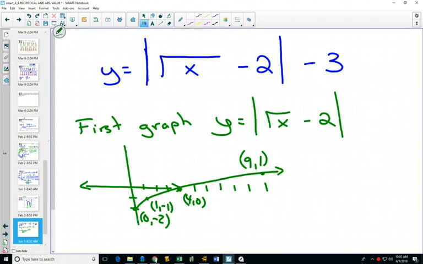Because we know our transformations unit, I can just take that square root graph and move it down 2 units.